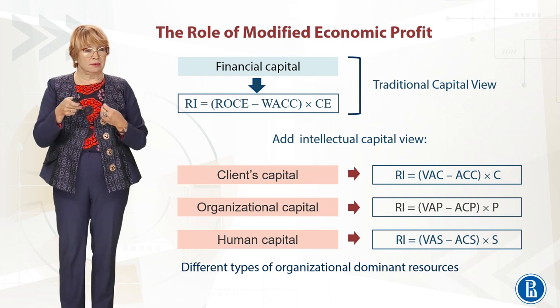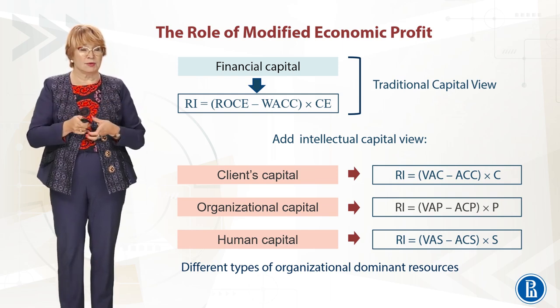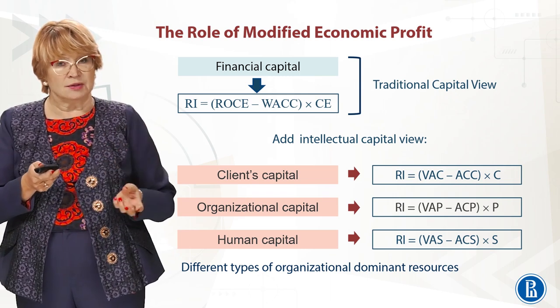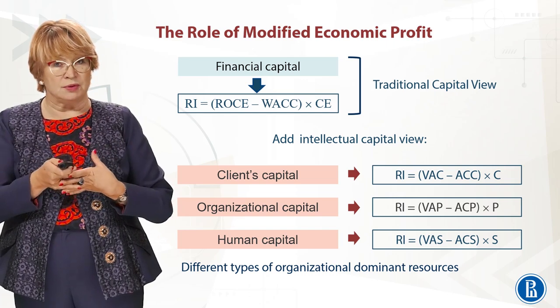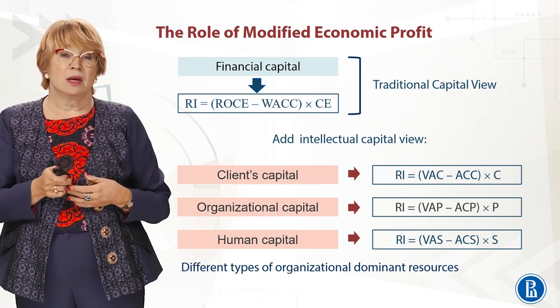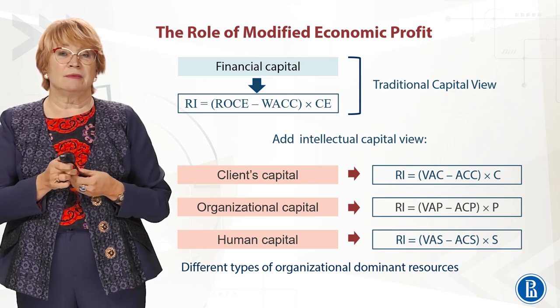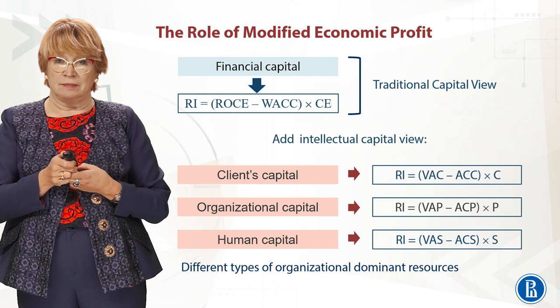The company will really create value when in all four dimensions, the traditional capital view on one side, and clients, human capital, and organizational capital represented here by supplynomics, we get positive results computing economic profit or residual income.